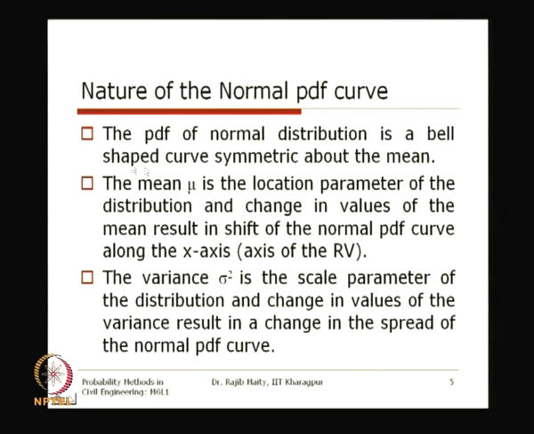So the PDF of the normal distribution is a bell shaped curve that you have seen, symmetric about its mean, and the mean mu is the location parameter of the distribution. A change in the value of the mean results in a shift of this normal PDF curve along the x axis.